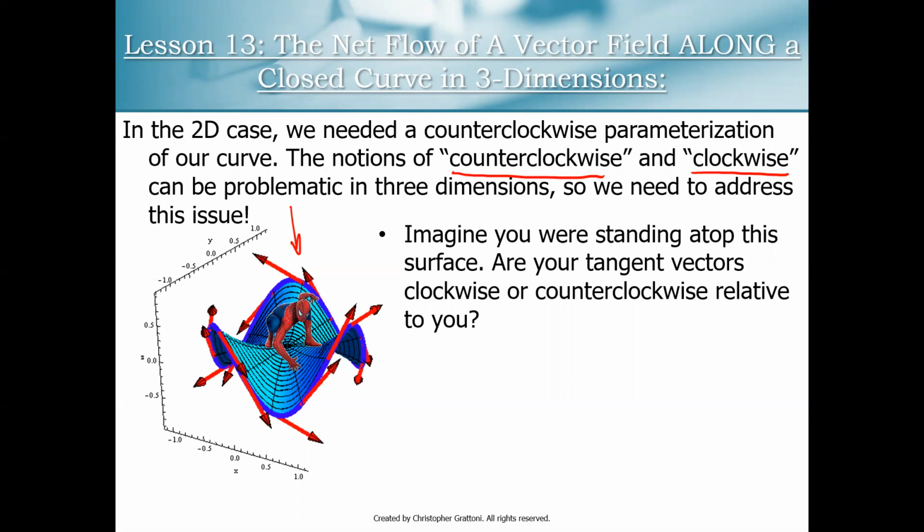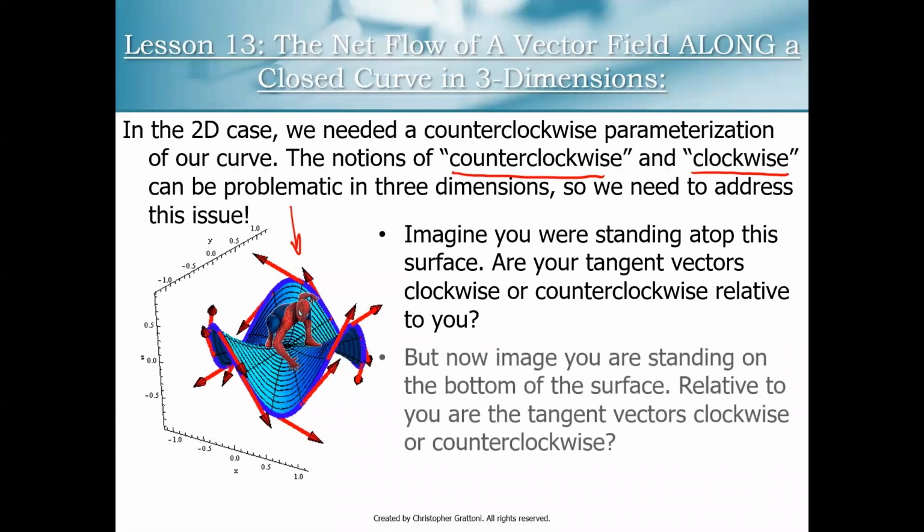For example, if you were wearing a spacesuit and you were out in outer space, the idea of clockwise, counterclockwise, and top and bottom become a little bit more nebulous, a little bit more hard to pin down. So that's why I used Spider-Man in this picture, because Spider-Man also doesn't care about top or bottom, right? So when Spider-Man's standing on top of the surface, those tangent vectors are traveling counterclockwise relative to his position.